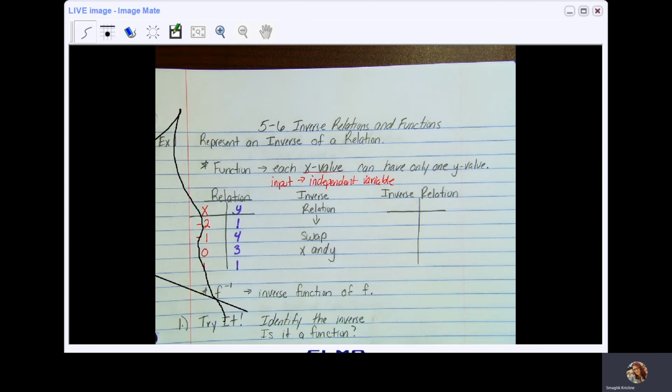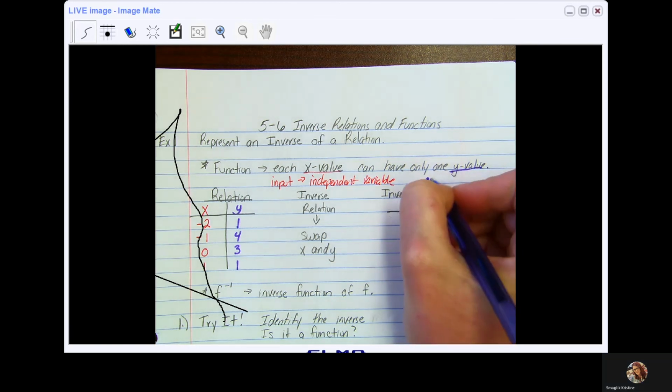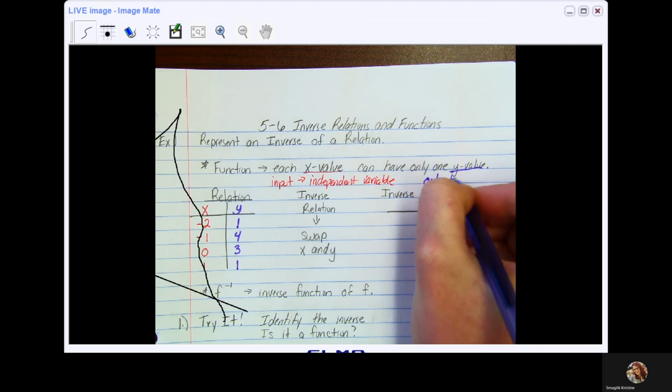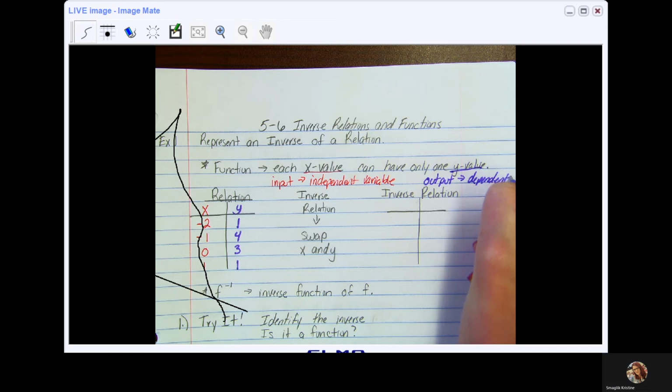And your y value, that's your output. Remember, that's kind of like your answer. And your y value is the dependent variable, because it depends on whatever your independent variable is.